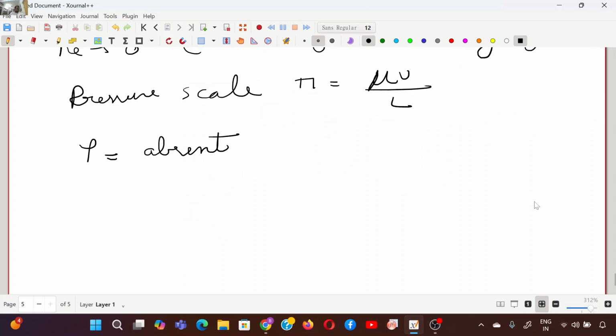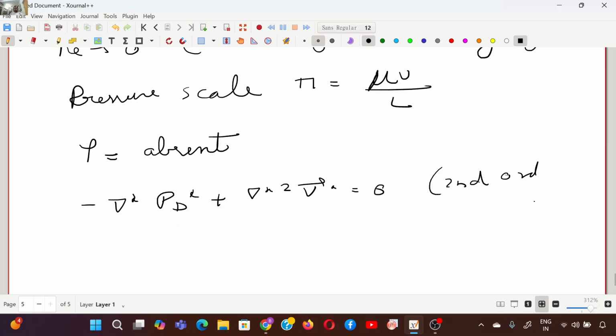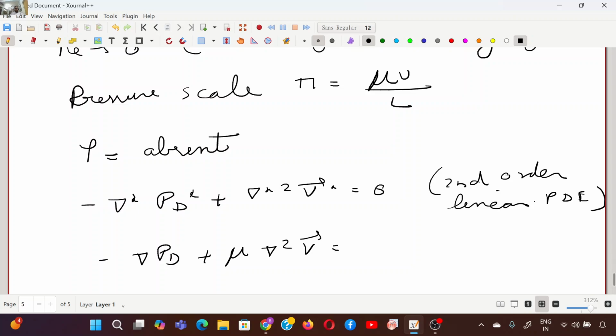Density does not have any function here. And this is the form of equation you get. Second order linear PDE because there is no V dot del V term. In dimensional form, it is just minus del P plus mu del square V.